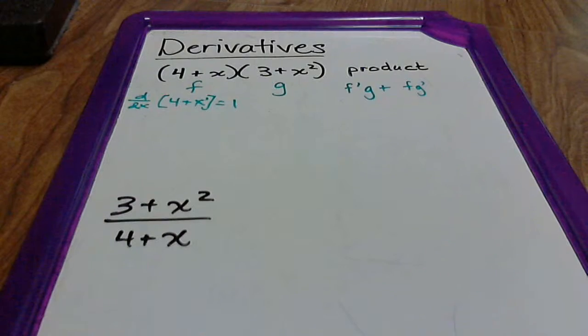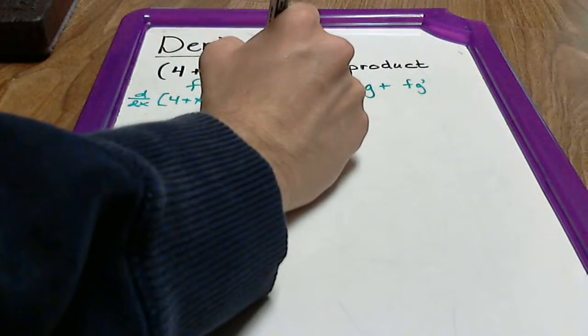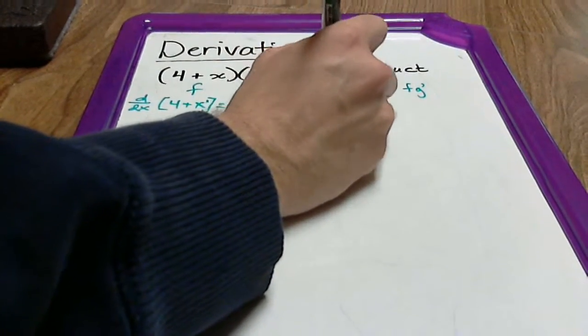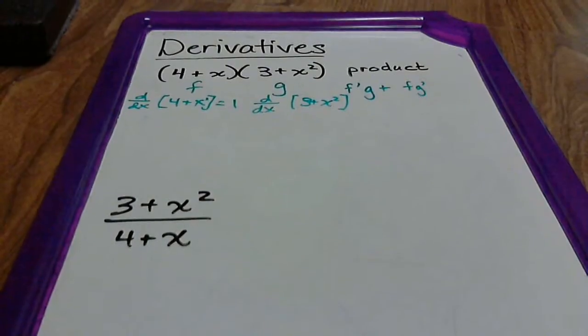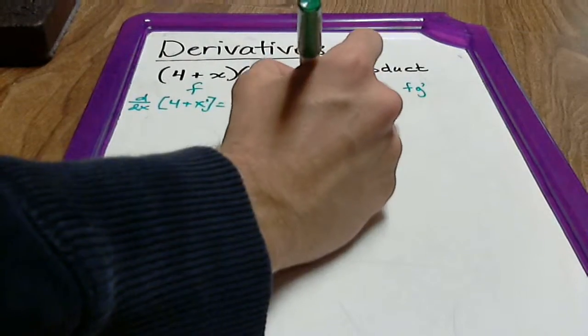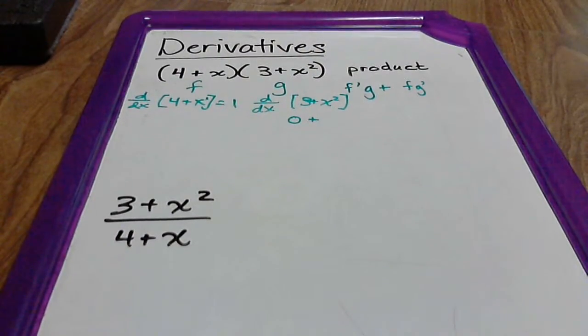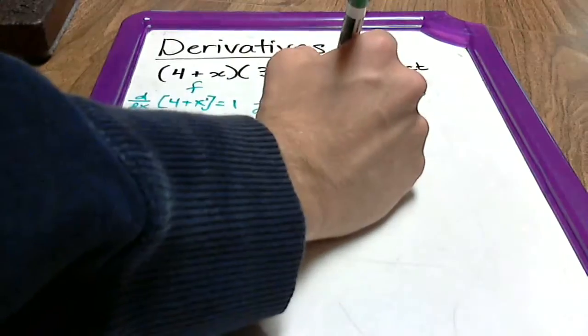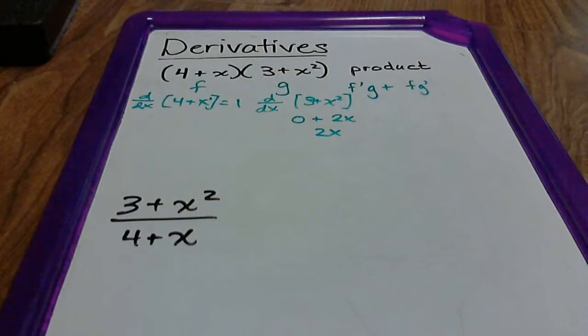Now let's look at the derivative of 3 plus x squared. Okay, so d dx of 3 plus x squared is going to be, again, we have the constant, so we have 0 plus, we have to use the power rule, derivative of x squared would be 2x, so you have 2x.